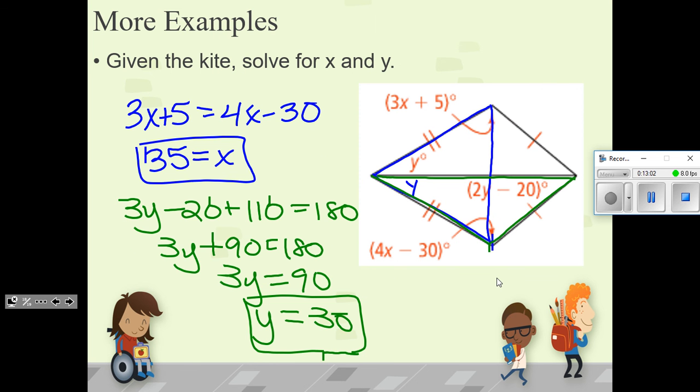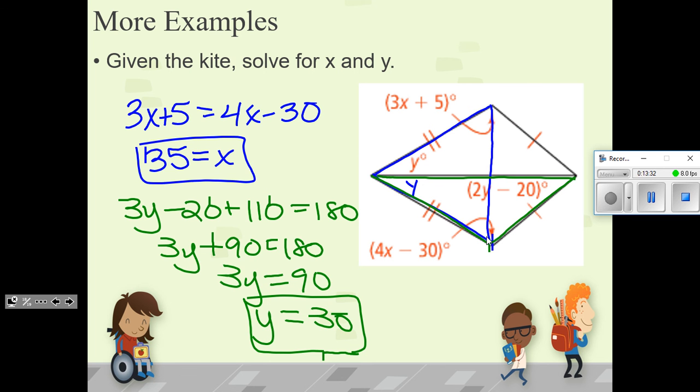Let's take a look at the other example. This is 3x plus 5. This is 4x minus 30. These two angles, side angles, are congruent to each other. So we're going to make 3x plus 5 equals 4x minus 30. Subtract, x equals 35. 2y minus 20 is this angle.